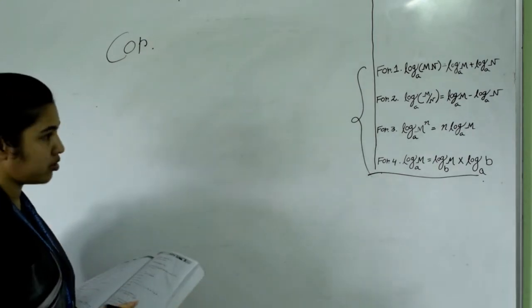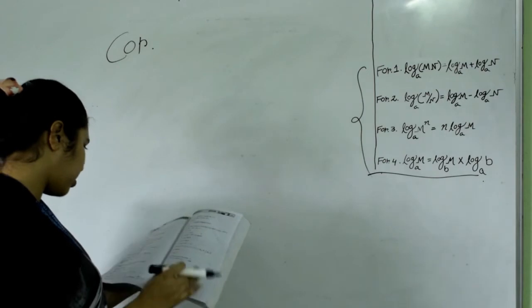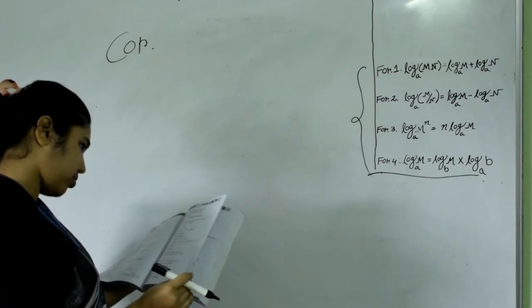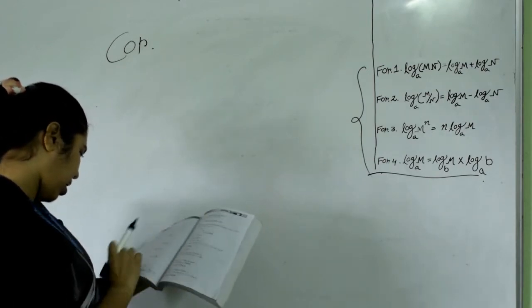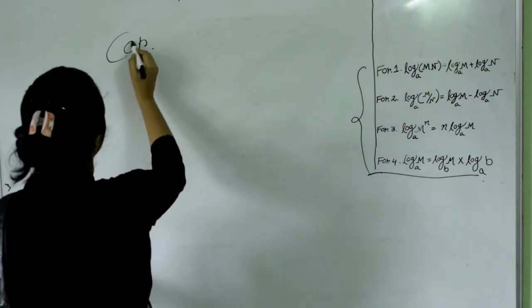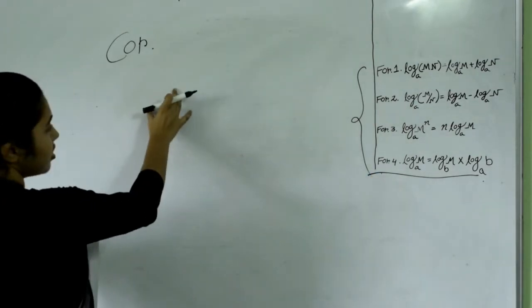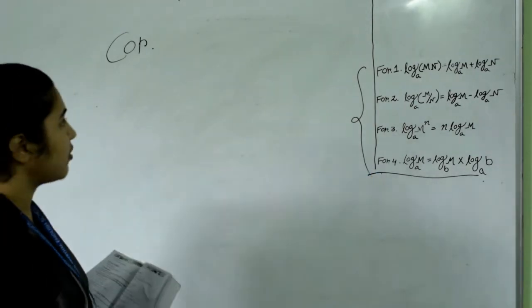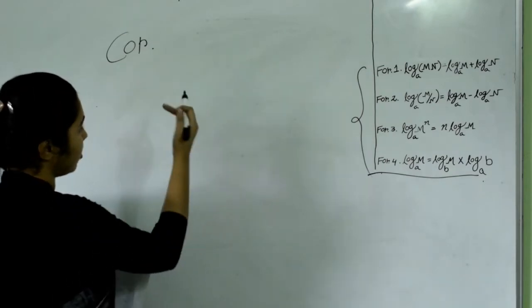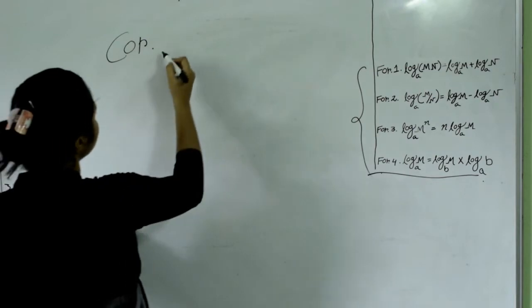If you want to know these proofs, you can go through those pages. We need these four formulas and some corollaries to solve our mathematical problems. That's why we have to study this first. So, first, corollary 1.